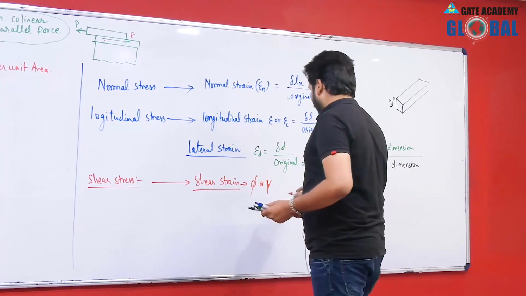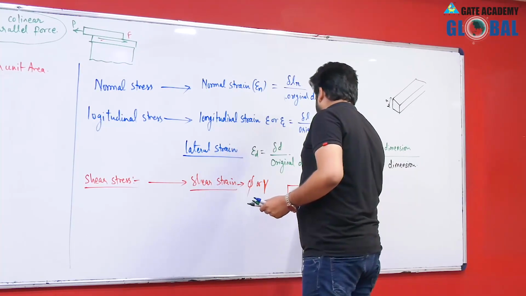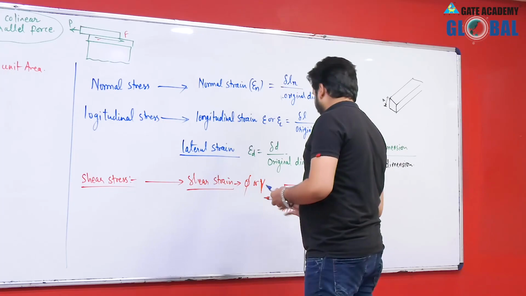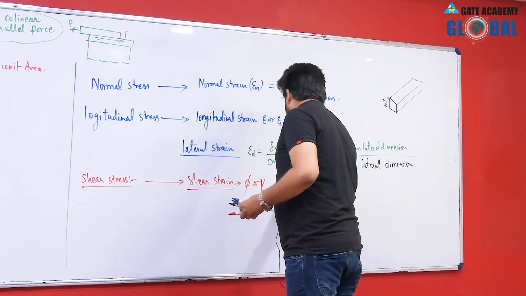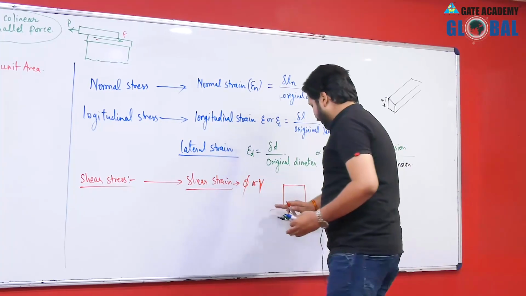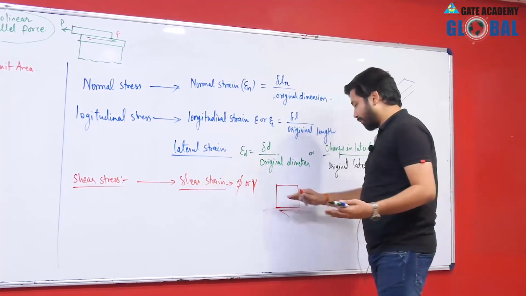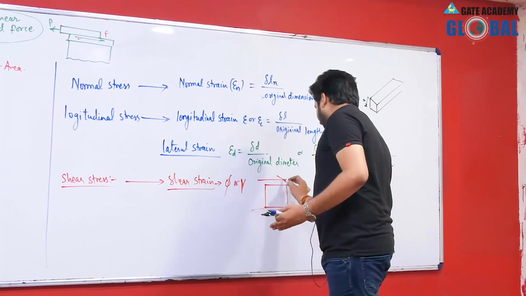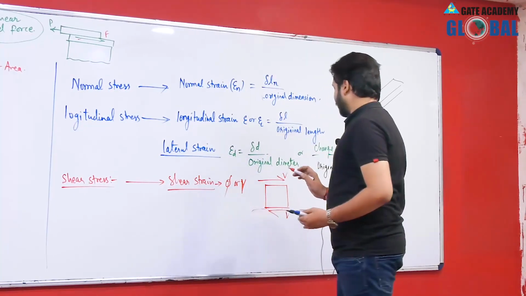It is very easy to understand. If you have an element like this, fixed at this end, then you will have a resisting force. I have removed the support and I am representing the resisting force V. Here is the applied shear force.